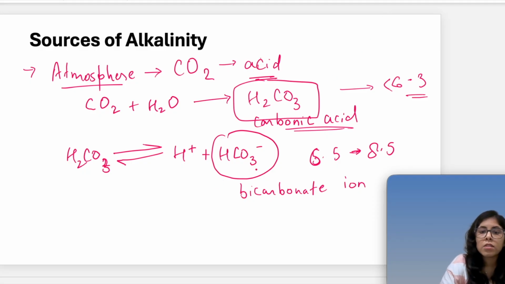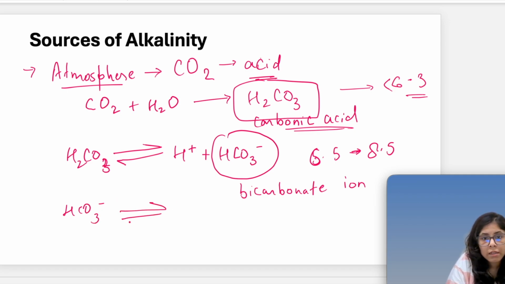Now this also doesn't stay further. This HCO3 minus also decomposes, dissociates we will say, into H plus and CO3 2 minus. Now the CO3 2 minus is called the carbonate ion.